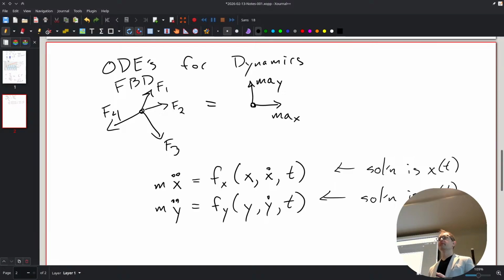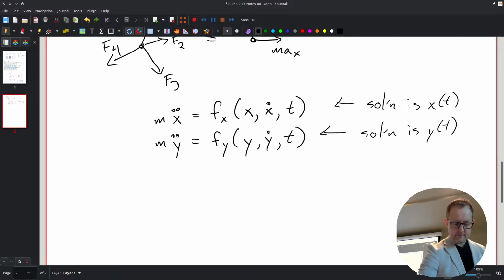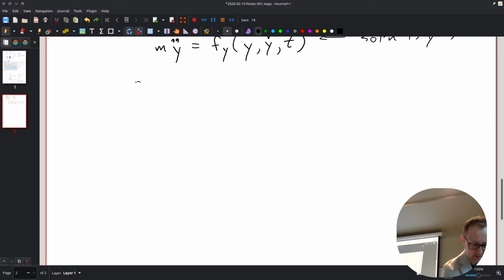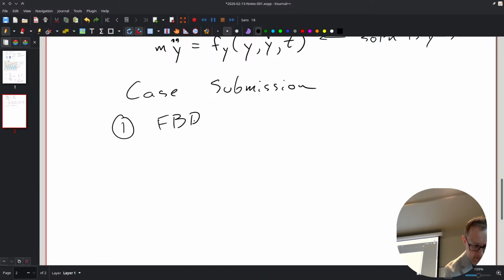Can you clarify one more time what exactly we're submitting for this assignment? We need free body diagrams, we need kinetic diagrams. You can't say you have a model without that initial setup.